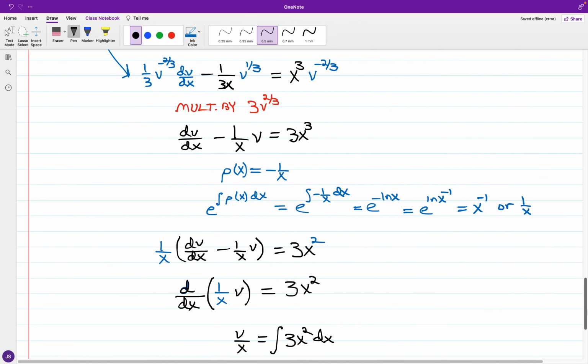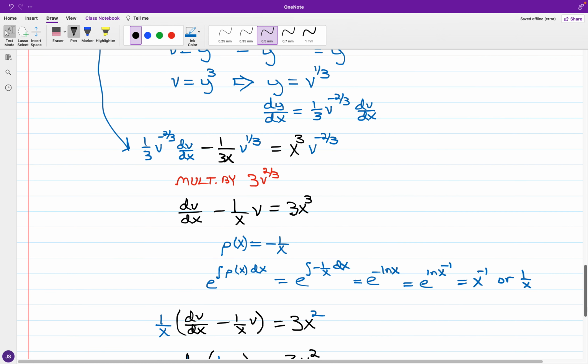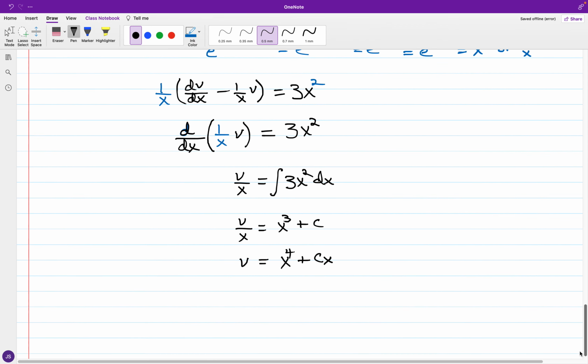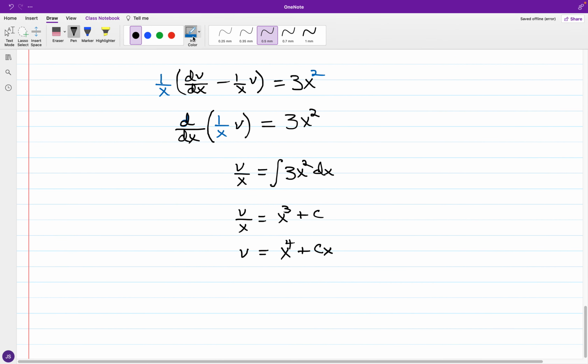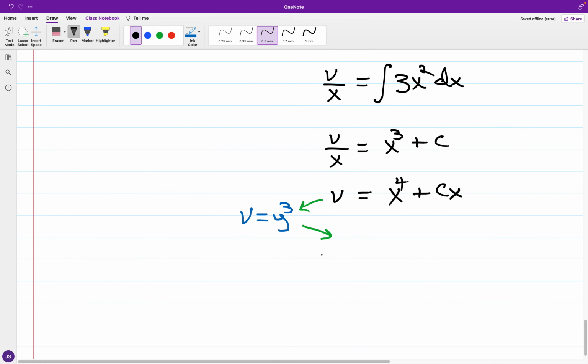Again, v originated upon substituting for y to the third. Putting back, we have y cubed is equal to x to the fourth plus c times x.